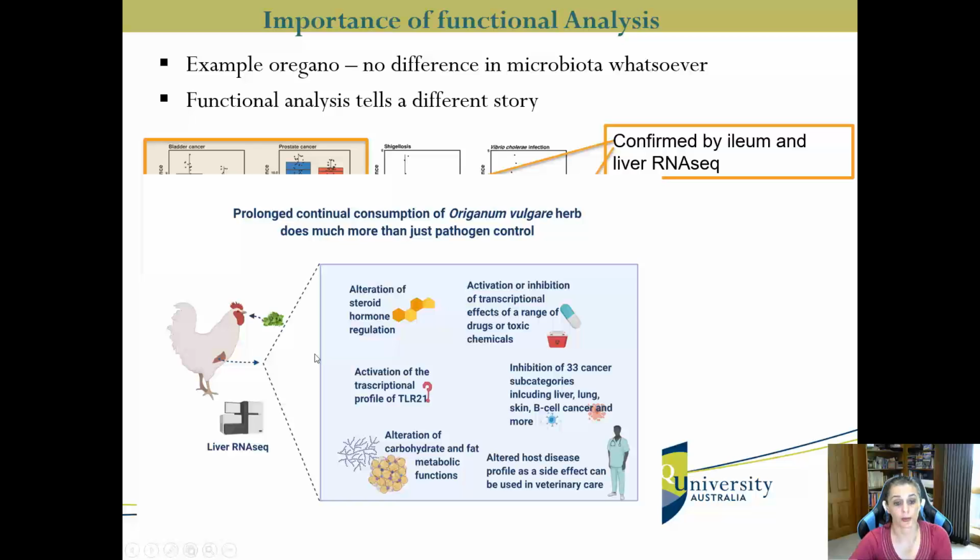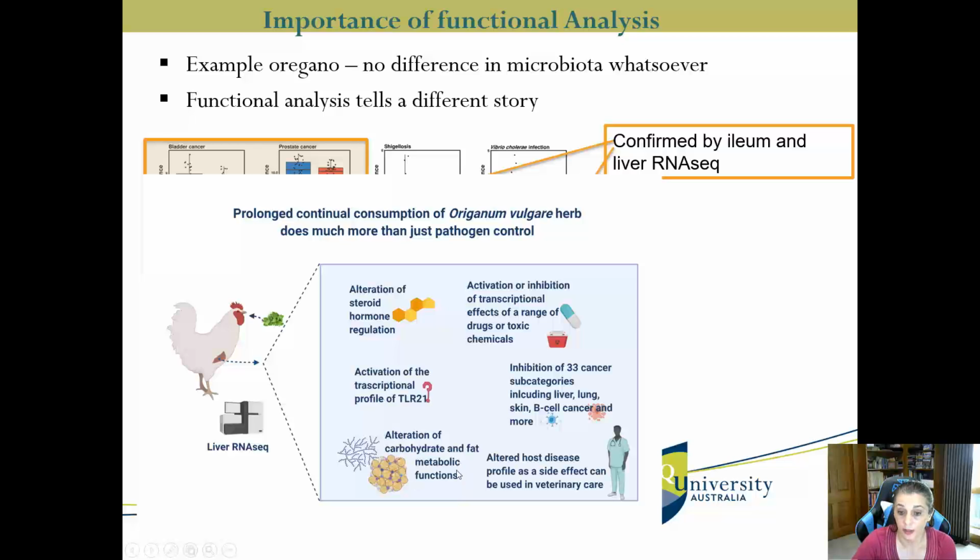a graphical abstract of a paper we submitted on liver. You can see liver gene expression from the same birds sampled by RNA-seq. And what we found, massive reduction of all estrogens, testosterone, literally reduction of steroid hormone production, which we picked up in this previous analysis.